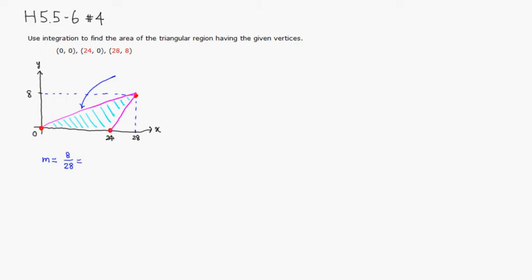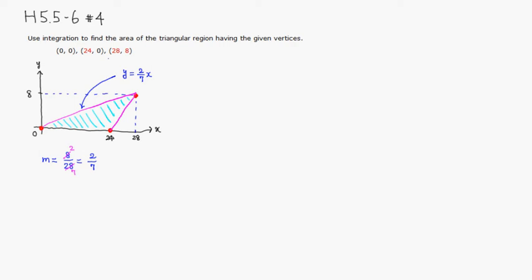We can divide by 4 to get 2, divide by 4 you get 7. So the slope is 2 over 7, 2 sevenths. So the equation is y equals mx plus b, so 2/7 x. This goes through the origin, so the y-intercept is 0. So this is the equation.